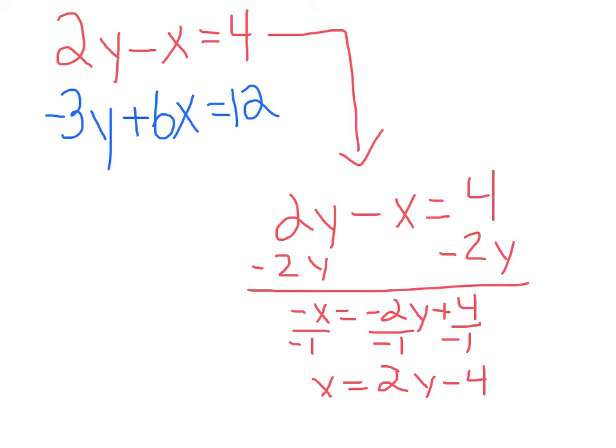into the blue equation. So I'm going to circle everything after the equal sign, and I'm going to replace x in the blue equation with what I just got x to equal, so 2y minus 4. Doing that, the beginning of my equation doesn't change.